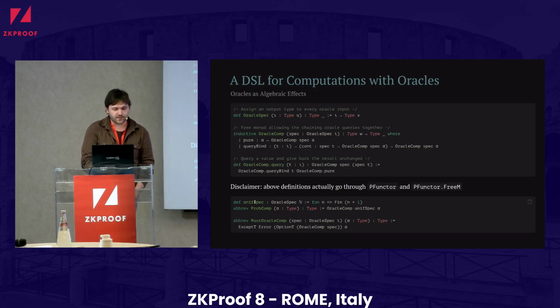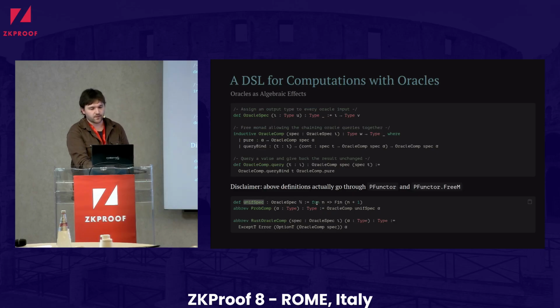And then, as an example, the simpler specification that we use, which almost all programs will have as a subset of their oracles, is this uniform spec, which just maps any input n to a finite number in the range 0 to n. The n plus 1 here is kind of just a trick so that we don't ever select from an empty set.